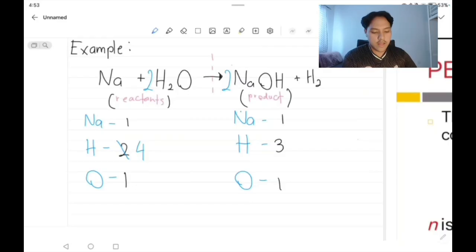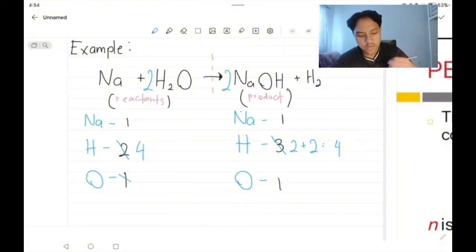That is 4 atoms of hydrogen on the reactants, and we can put a coefficient of 2 for NaOH on the product. So there are 2 hydrogen plus 2. Is it correct? Yes, it is correct. So it becomes 4. Here the hydrogen is already balanced, but if we look closely at the compound H2O, the coefficient will multiply the oxygen, right?